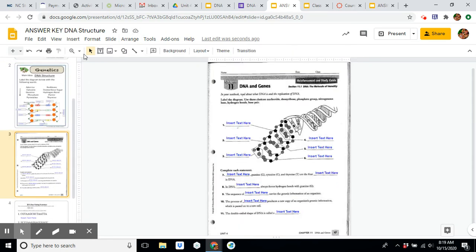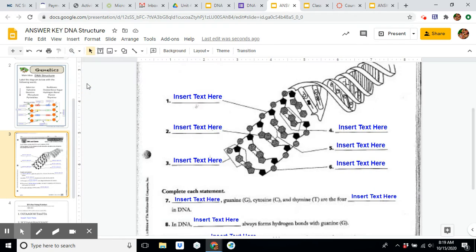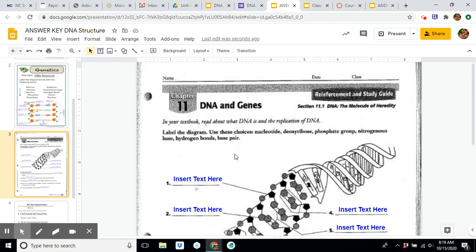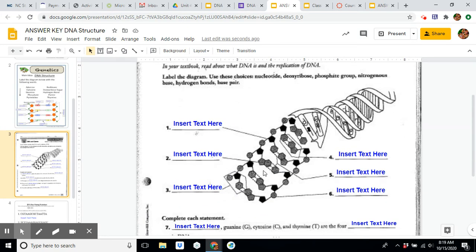All right, let's zoom in a little bit on slide number 3 so we can actually read this. Same idea. We've got choices here: nucleotide, deoxyribose, phosphate group, nitrogen base, hydrogen bond, and a base pair. So let's look at the picture first, and we'll try to use these. This is pointed to this side. So maybe we need to come back to that one.